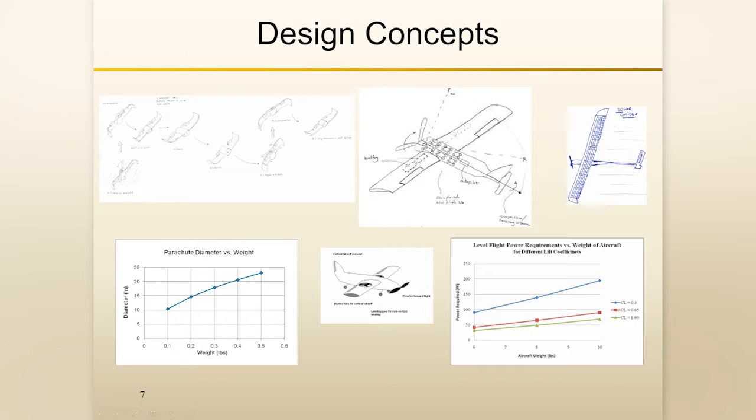This next slide depicts some of the steps in embodiment design. This, by the way, is a project that was completed in the undergraduate senior design class that I teach.